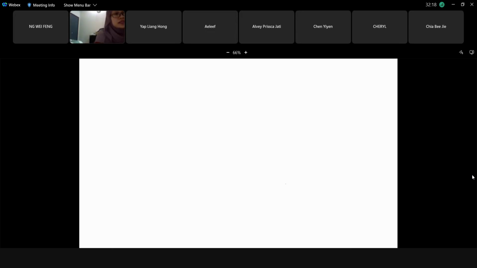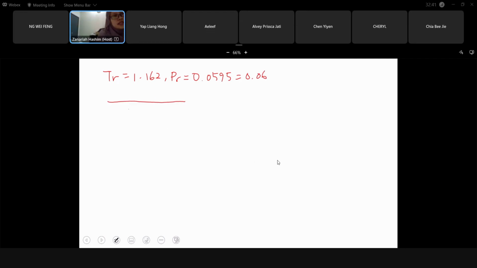Okay, so your TR is 1.162 and then PR is 0.0595. Okay, so you can round this up to 0.06. So you refer to the table and then you find the range of TR and PR.